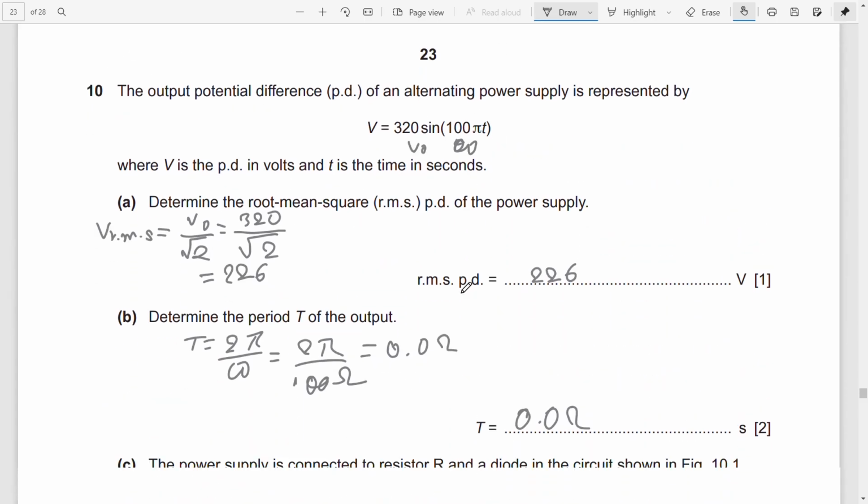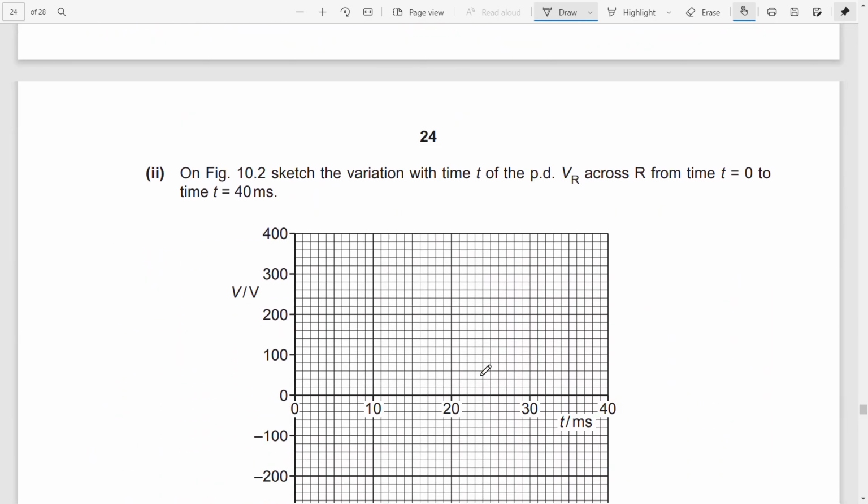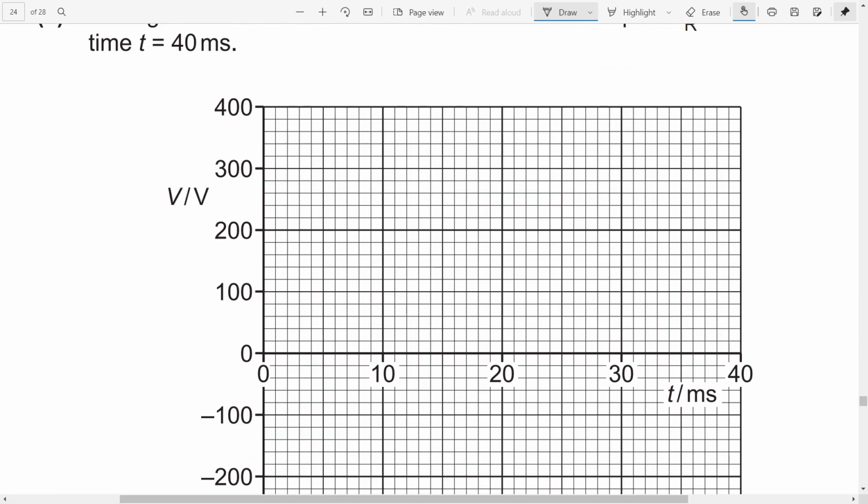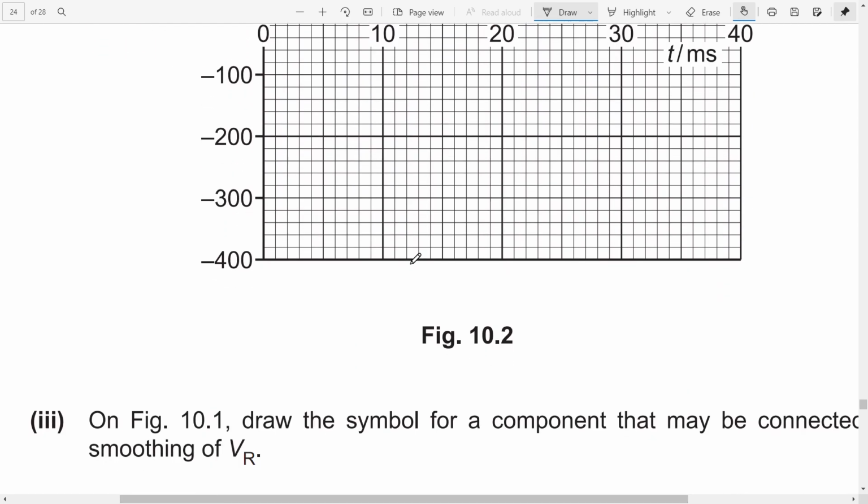We have got time period 0.02, so it should have a gap of 0.02. Then the figure seems like this. And this, yeah.